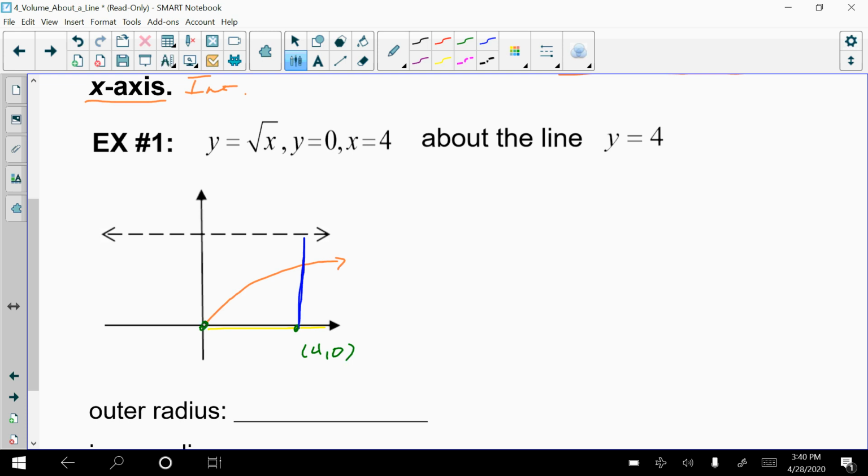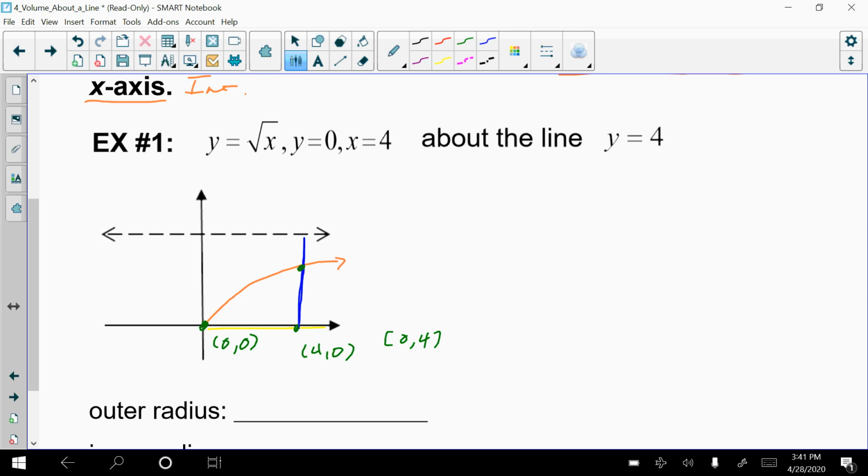We are at the origin for our parent function, so you can already see that the interval is going to be from 0 to 4 on the x-axis. Let me write that 4 again.